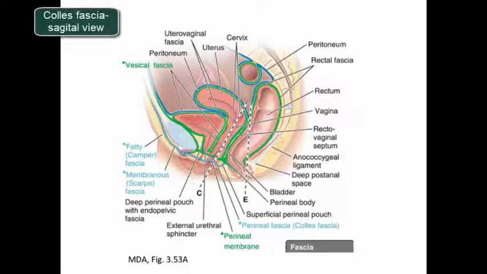But first, let's use this mid-sagittal image of the female pelvis to confirm our understanding. Colles fascia of the perineum is in light blue. Now notice that it attaches to this green structure posteriorly, which is the perineal membrane. If you follow it anteriorly and superiorly, it blends with Scarpa's fascia of the abdomen.